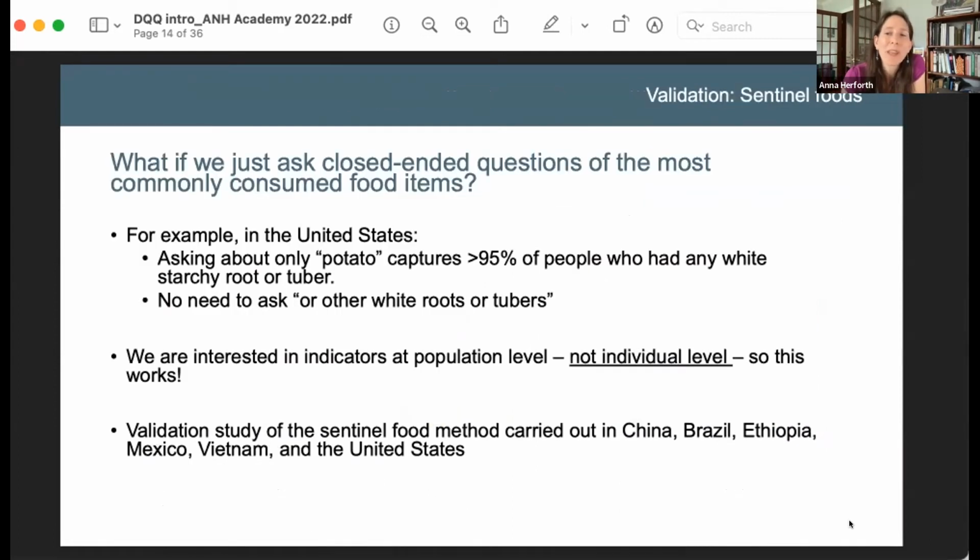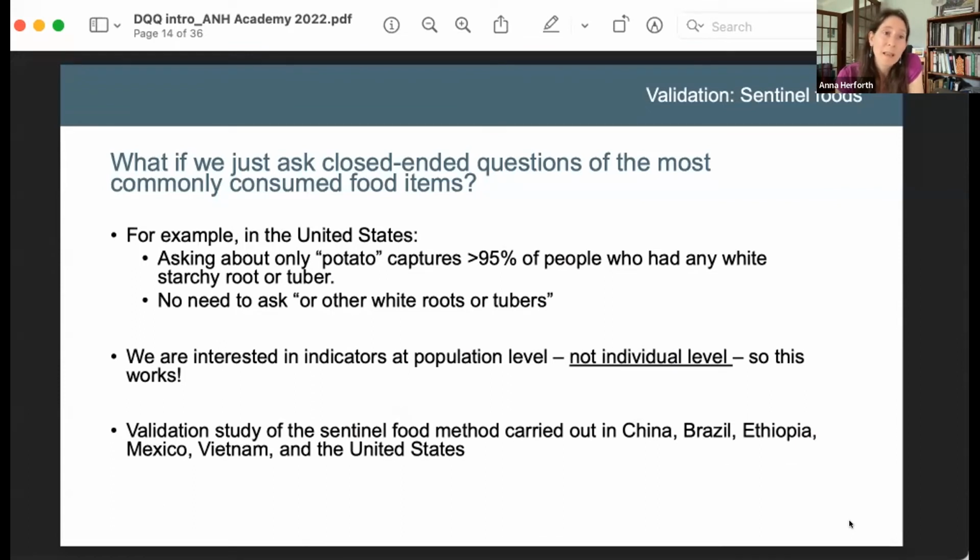So, after this cognitive testing, the next question was, okay, what if we just use these closed-ended questions of most commonly consumed items? Will that serve the purpose, or will we be missing a lot? The idea of using most commonly consumed items, which we also call Sentinel foods, is that a lot of times the majority of people consuming the food group are consuming a pretty small list of items.